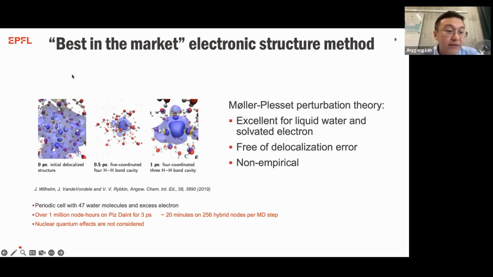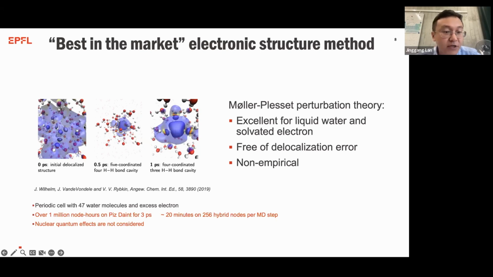This work was done by my colleague Vladimir, who carried out the first MP2-based molecular dynamics. The system is rather small, with only 47 water molecules plus one excess electron. However, this simulation is very expensive.